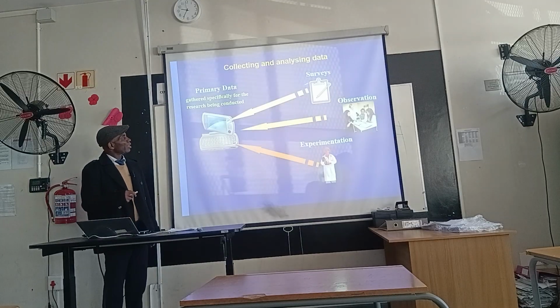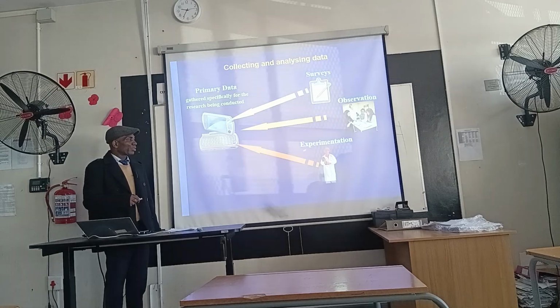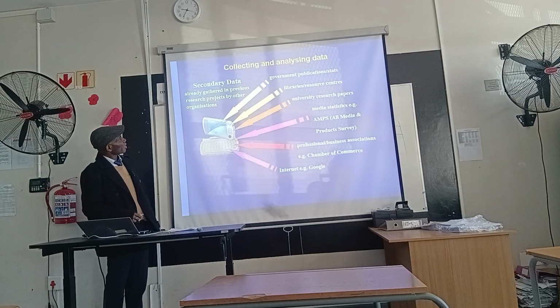To obtain primary data, it can be through surveys, using questionnaires or interviews, as they say in your book. Then you have observation as well as the experiment. I explained this yesterday.